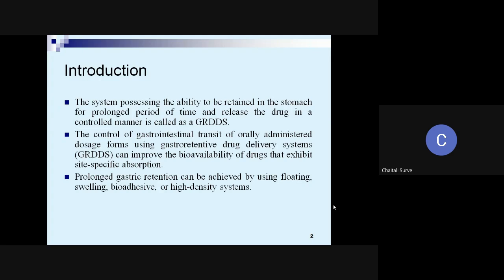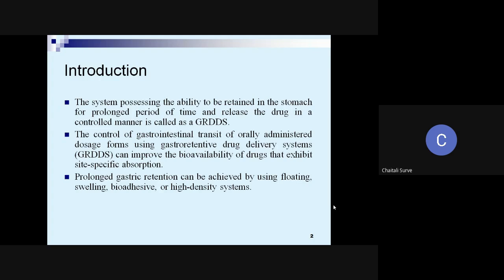However, this system has a little drawback because they are very small particles. Even a slight movement of the stomach because of peristalsis, etc., means there are chances that these microparticles might get detached from the surface and enter the small intestine.